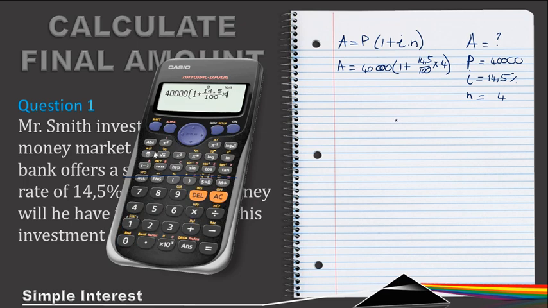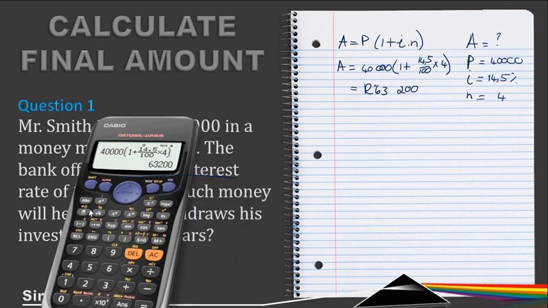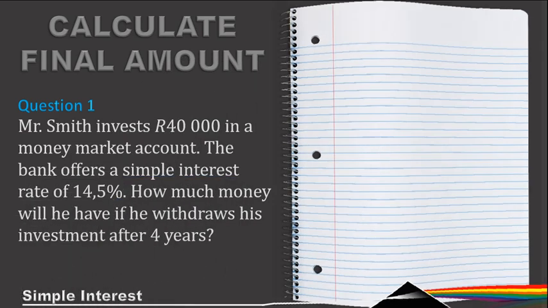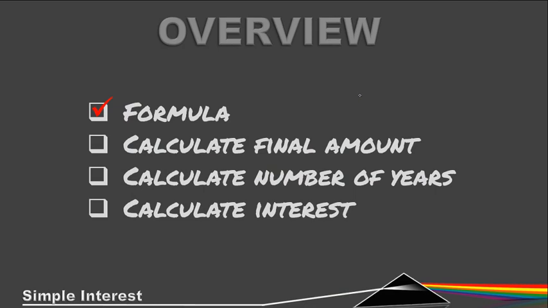And we times that with 4. And that gives us 63,200. Right. So that was just calculating the final amount.